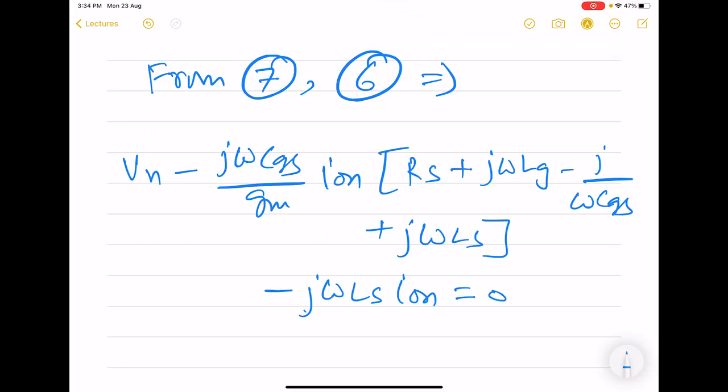So this is the equation containing the relation between ION and Vn.